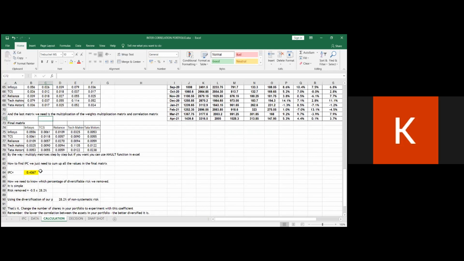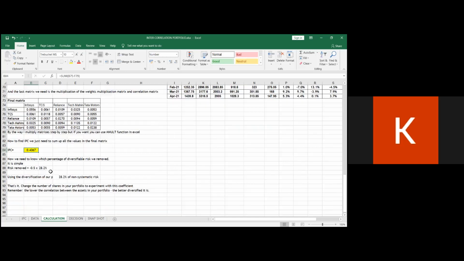Next one is IPC. To find IPC, we just need to sum up all the values in the final matrix, from the first column value to the last column value. With the help of these values, I have calculated this IPC, the intra-portfolio correlation value. Now we need to know what percent of diversification risk we removed. It is simple.